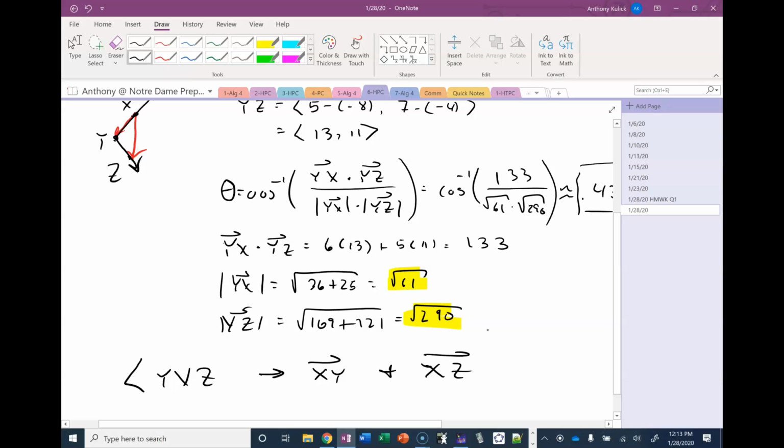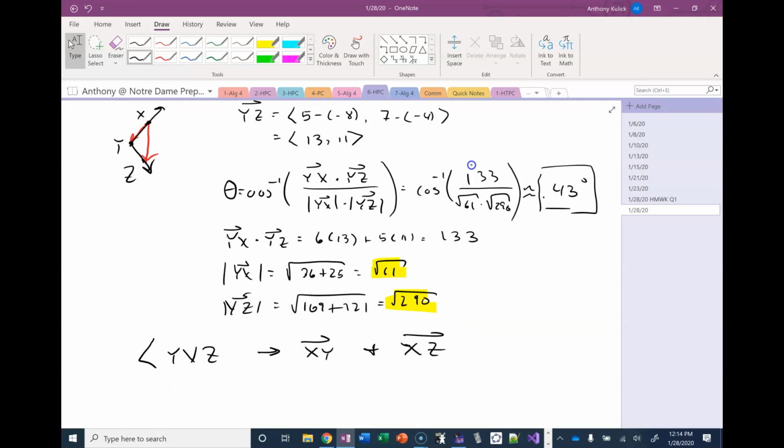That'll get me the 3rd side length that I need. And then with 2 of the 3 angles, I can find the 3rd by just doing 180 minus the other 2. So it's just the same thing over again. Okay with that? Yeah. Just kind of a lot going on, right?